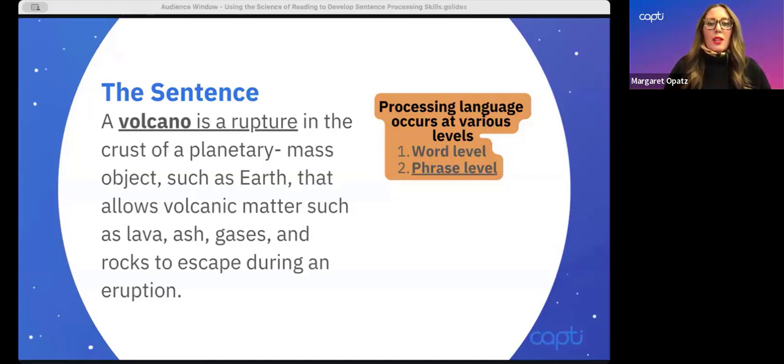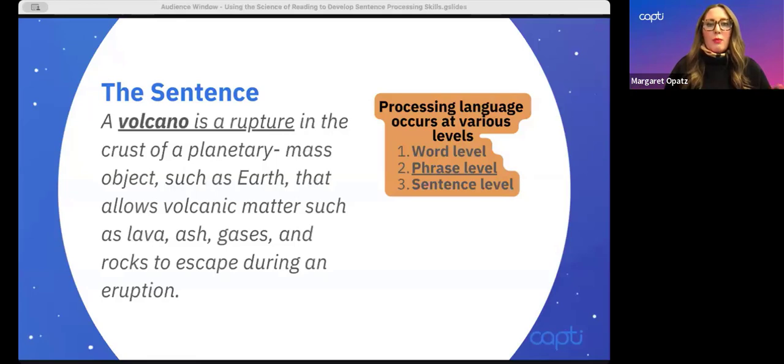And then we can expand it to more of the sentence level. So taking in this entire sentence to be able to really understand that within this sentence, a volcano has this opening and then it's going to release volcanic matter. So that could be lava, ash, and gas.